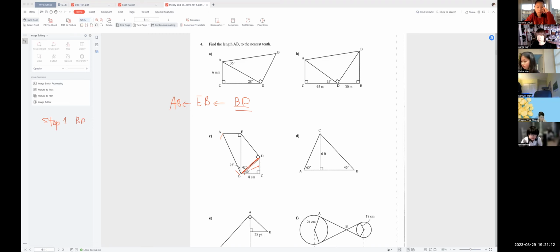So adjacent divided by hypotenuse, are we using tangent, cosine, or sine? Cosine, very good. Because cosine 40 equals BC over BD, and we know BC is 8. So cosine 40 equals what? 0.766, very good.